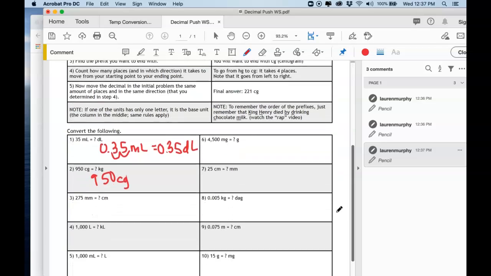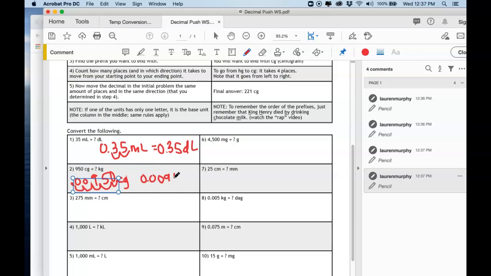So you take your number and you go backwards 1, 2, 3, 4, 5. You put your decimal and you replace the empty spots with 0. So it's 0.0095. This is not the right number of sig figs, but let's not worry about that right now.